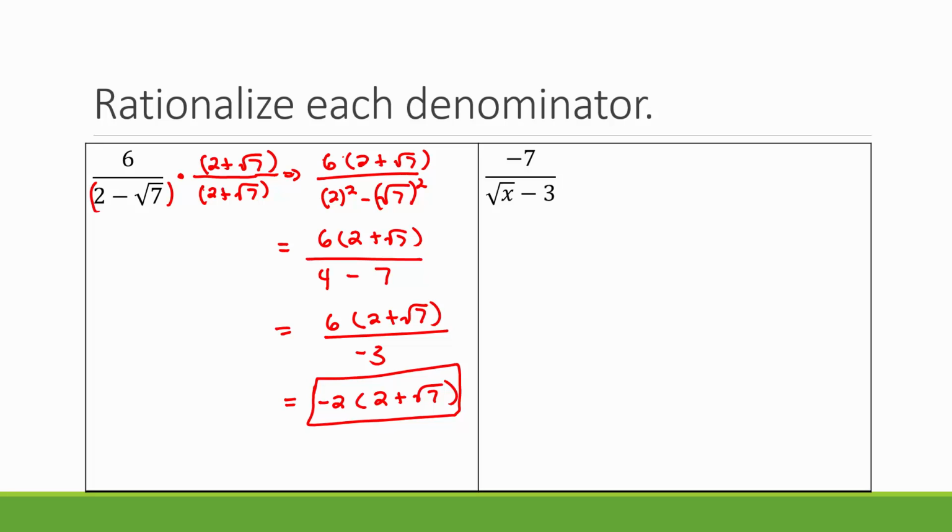All right, negative 7 over the square root of x minus 3. So the conjugate of my denominator is going to be the square root of x plus 3, just the opposite sign of what's in the middle.